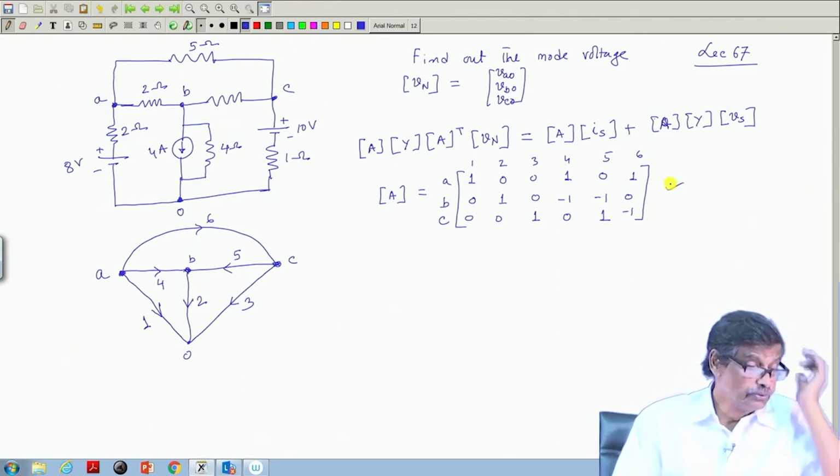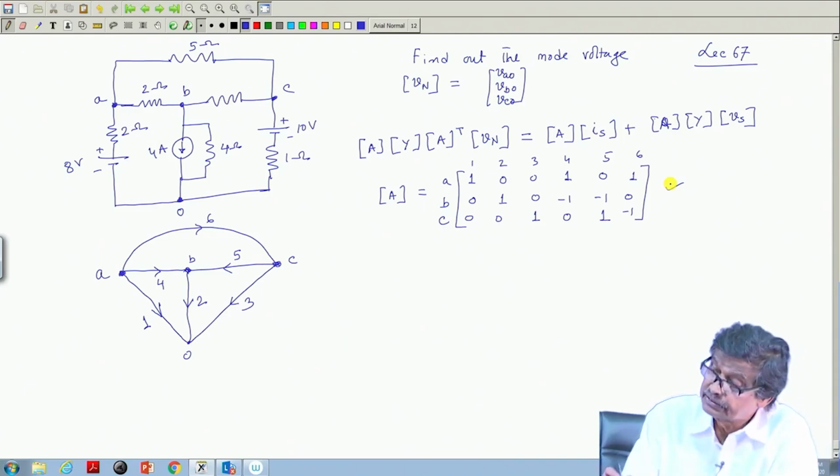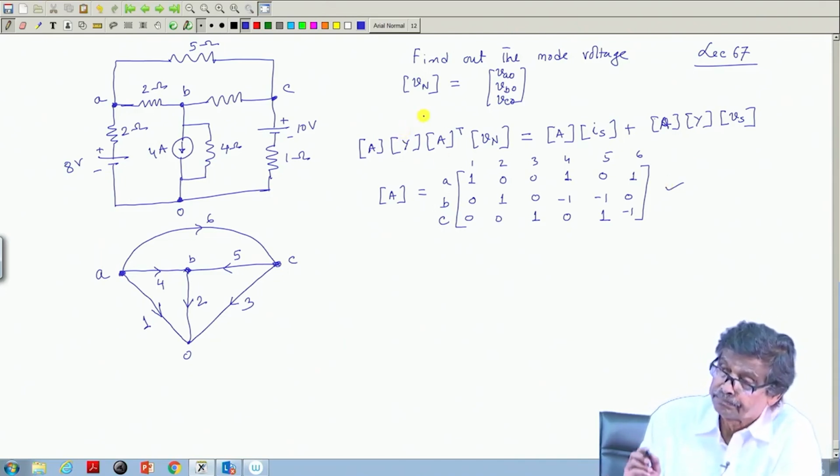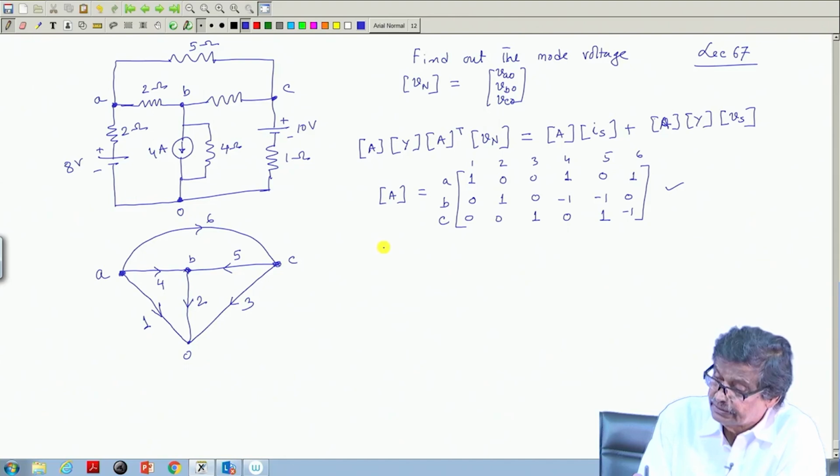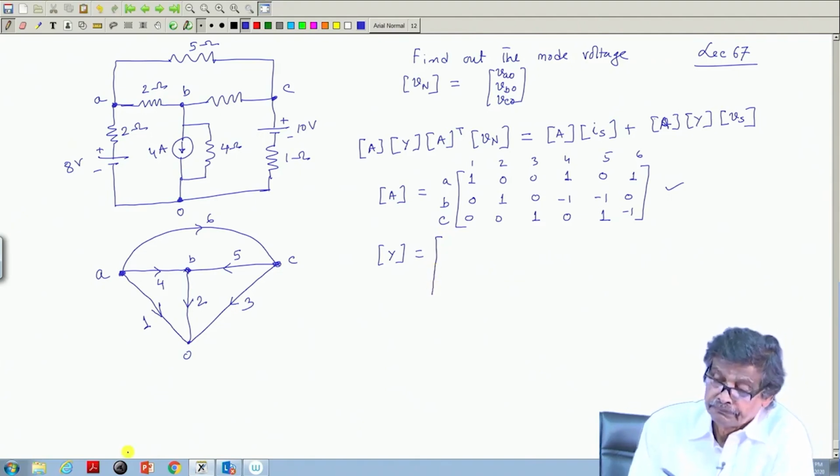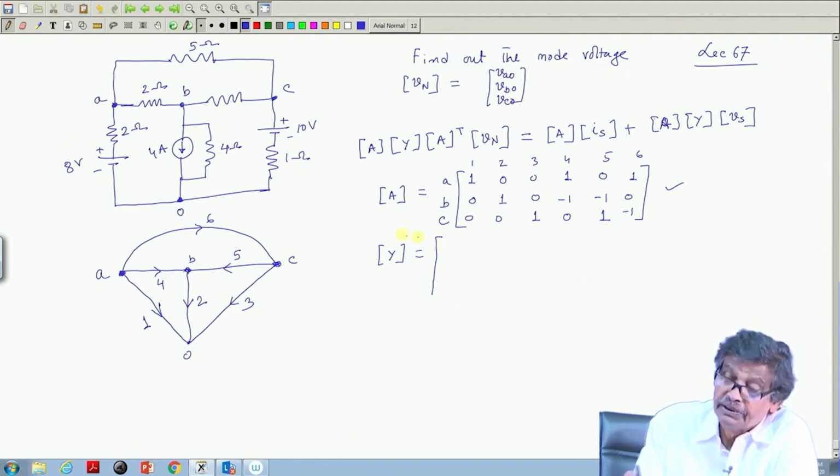Then what I have to do is this, I have to get this Y matrix, the admittance matrix. What is it? Very simple, Y. It will be a diagonal matrix. So, the first element will be, which one I have called 1? This one, where 2 ohm is present.